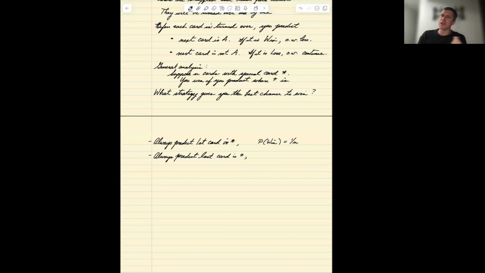If the special card comes up before then, I'm never going to get to that point. So what's the chance that the last card is special? Use exchangeability: we're drawing without replacement and assuming everything is equally likely, so the probability that the last card is special is the same as the first card being special. So the probability that we win in this case is 1 over n.